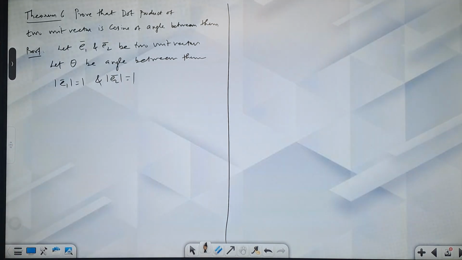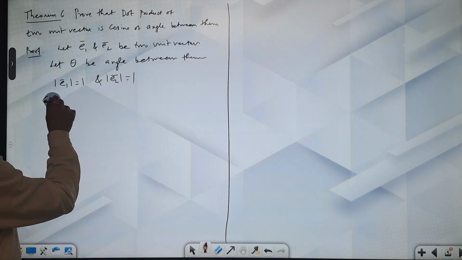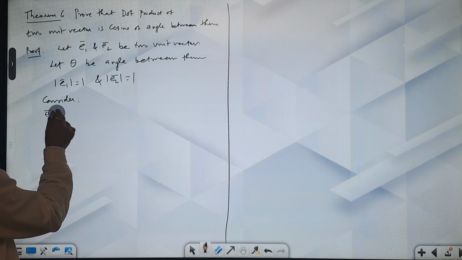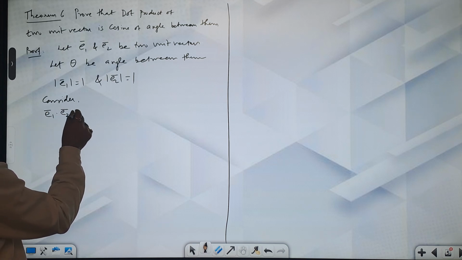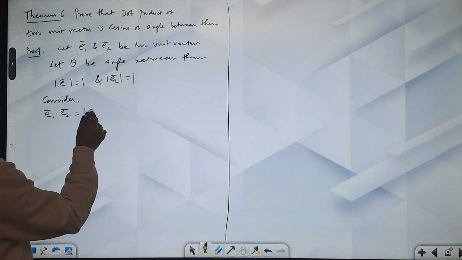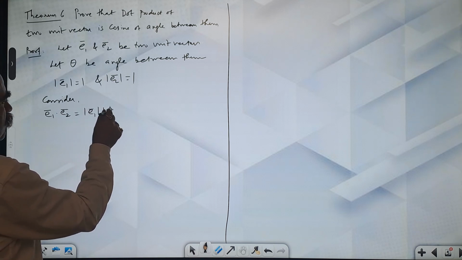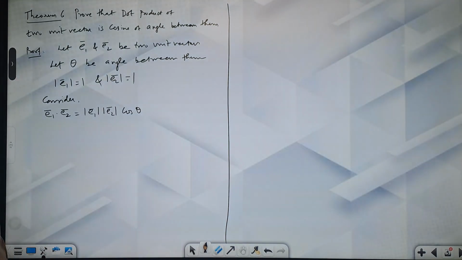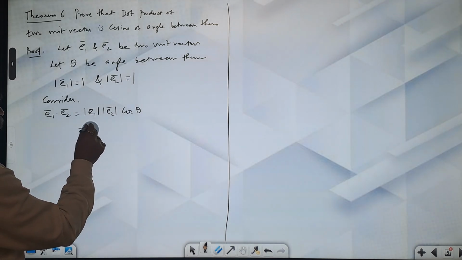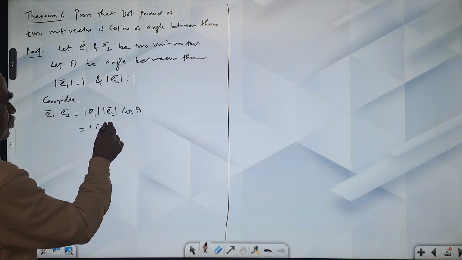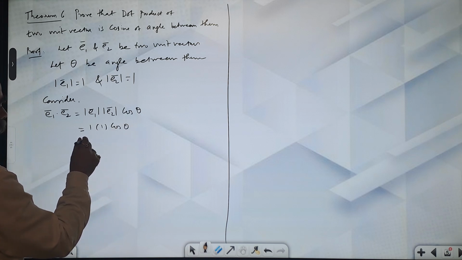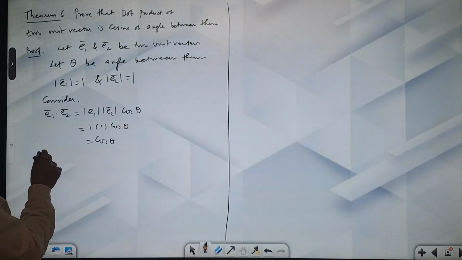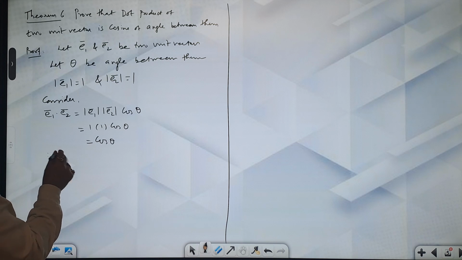Their magnitudes are 1. Consider E1 bar dot E2 bar, which is mod E1 bar mod E2 bar cos theta. Mod E1 bar is 1. Mod E2 bar is also 1. This will give you cos theta. So therefore E1 bar dot E2 bar is cos theta.